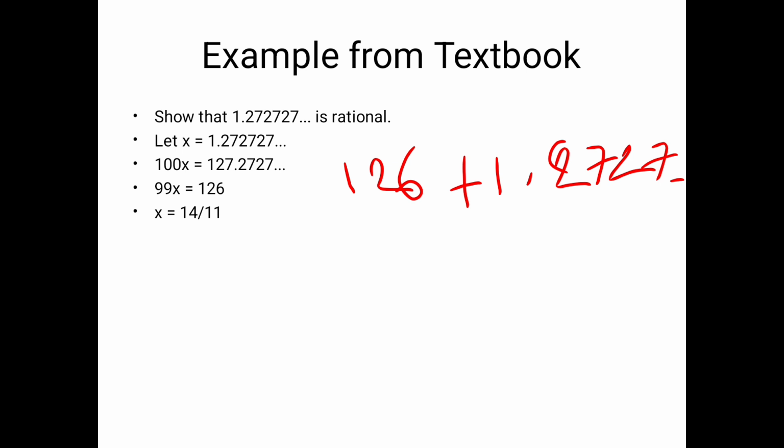So I can make it as 126 plus x, and after that I have to take x to the LHS, and I'll get 99x equal to 126. Taking 99 to the RHS, I'll get x equal to 14 by 11.